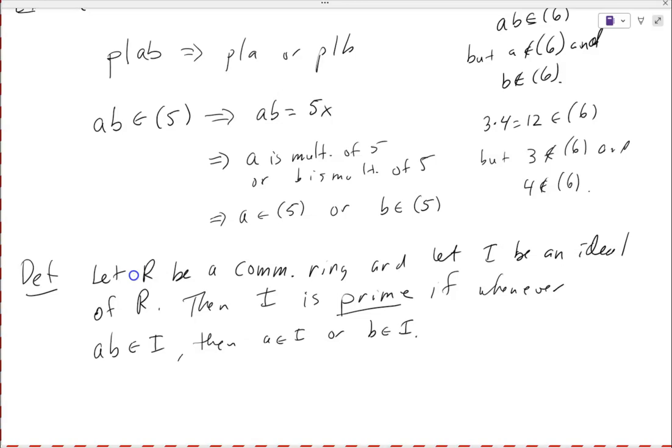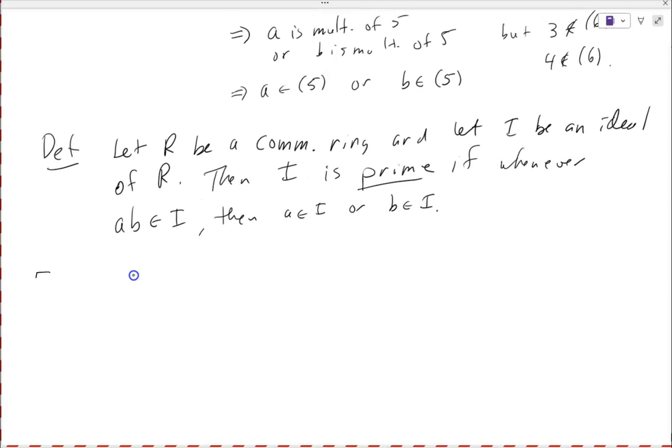But let's get a more interesting example. Let R be the polynomials with integer coefficients, and let I be the ideal generated by x.